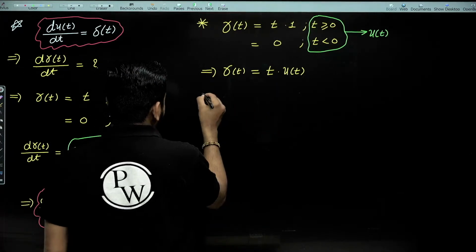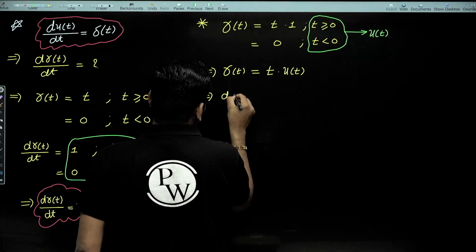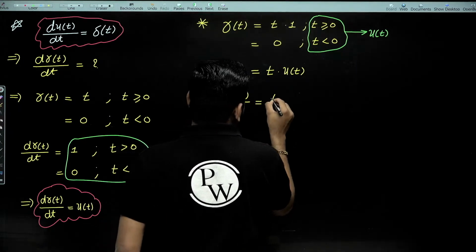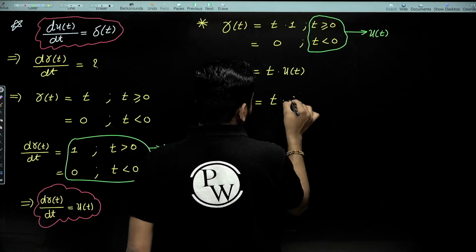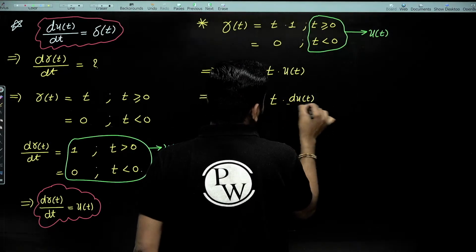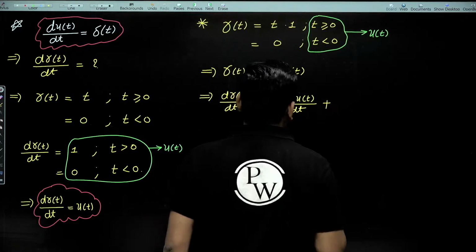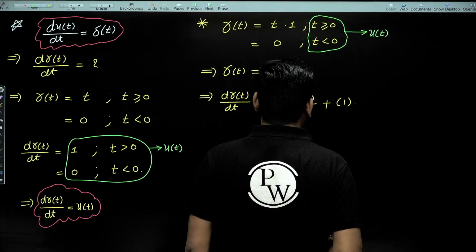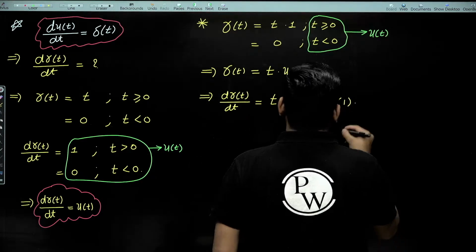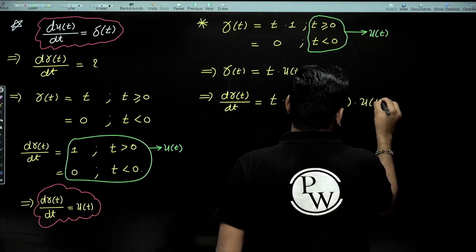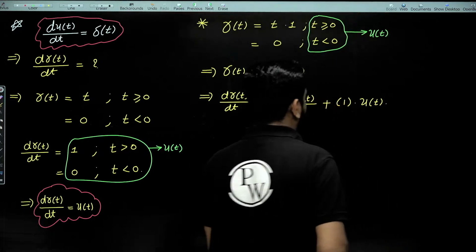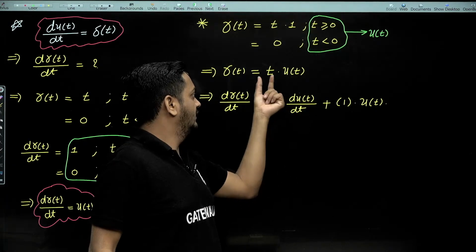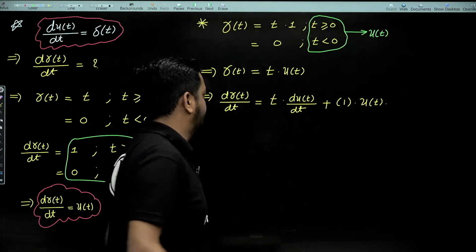Now if we do the differentiation of t times u of t, by the product rule: t fixed, differentiation of the second function, that is du by dt, plus the differentiation of t, with u of t fixed. Correct?